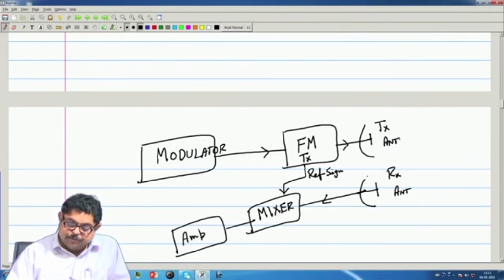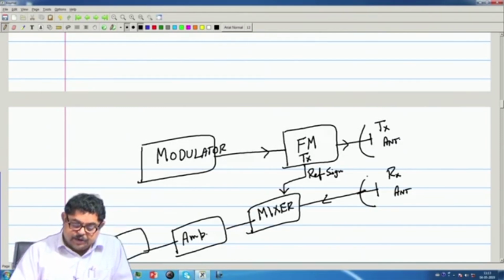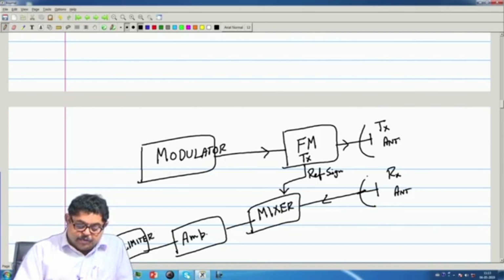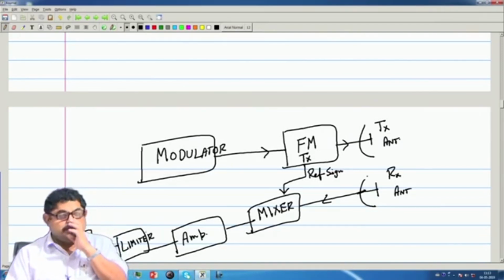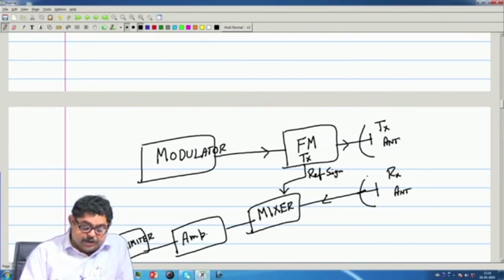Then you need an amplifier, then a limiter, because you are not interested in amplitude. You put a limiter and then a frequency counter, which makes its job easier, and that goes to an indicator.